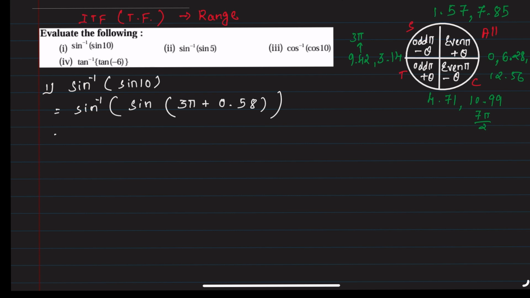Now this is equal to sine inverse of sine 3 pi plus theta. Third quadrant, sine is negative, so this will become minus of sine theta, that is 0.58. Okay, the condition we used is sine of 3 pi plus theta equals minus sine theta.